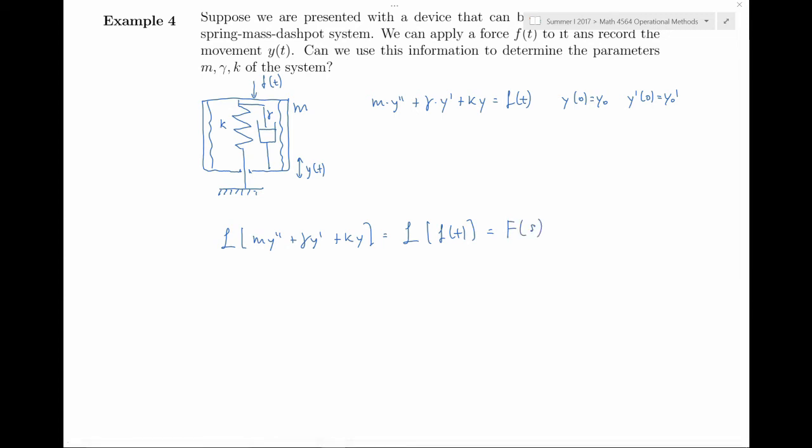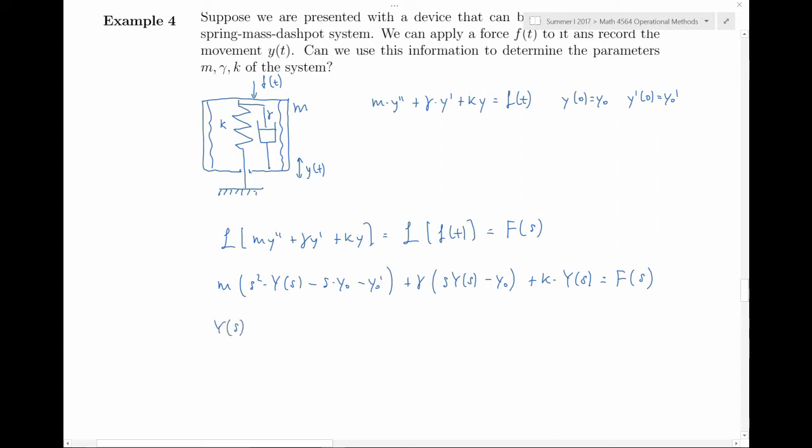Computing the Laplace transforms, we get m times s squared times Y of s minus s times y naught minus y naught prime, plus gamma times s Y of s minus y naught, plus k times Y of s, which should be equal to capital F of s.